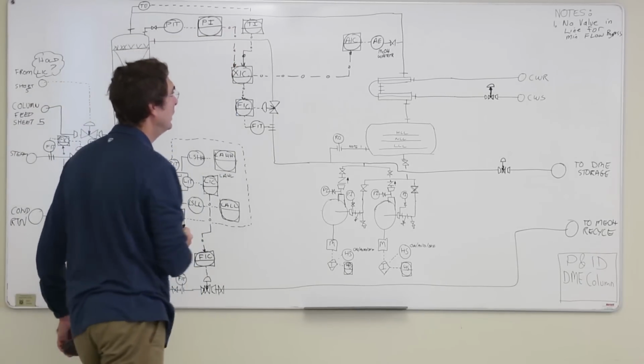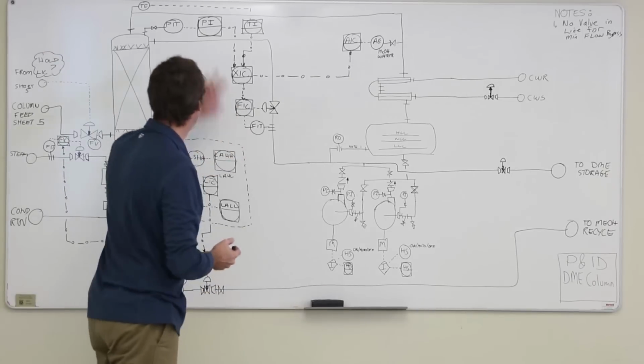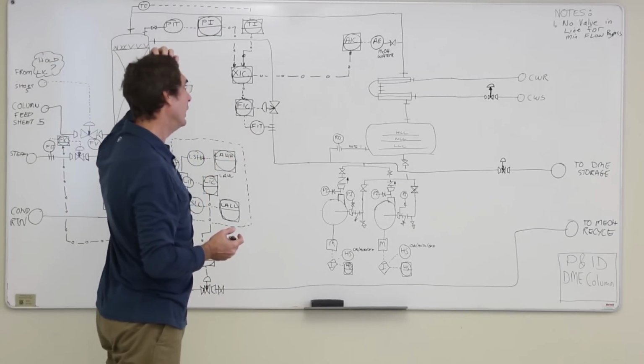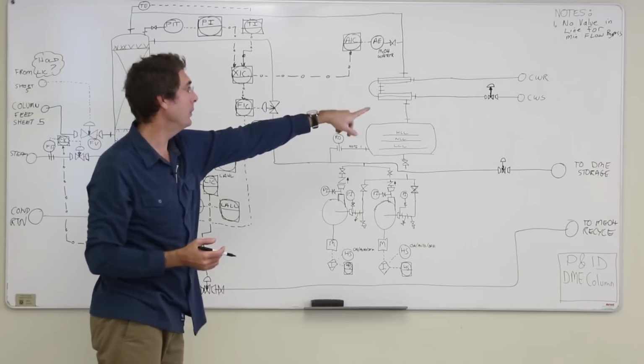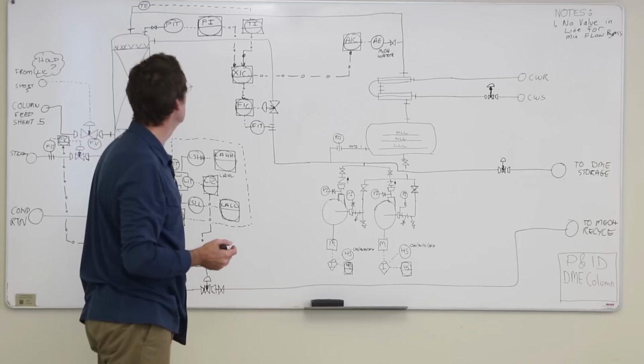And me personally, I would have put pressure control on this column. The way I would have done it would be to go over to the cooling water system and maybe do that.